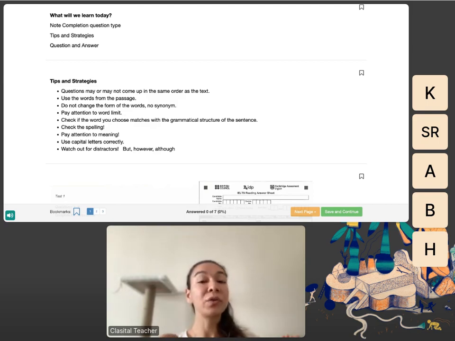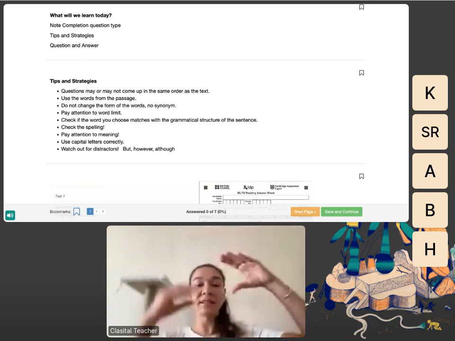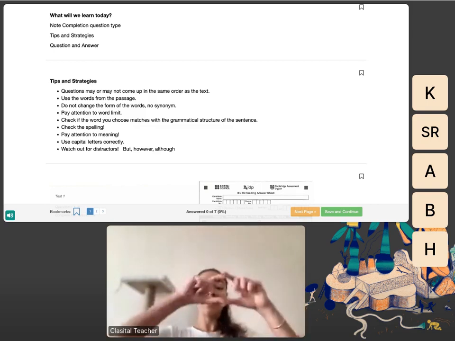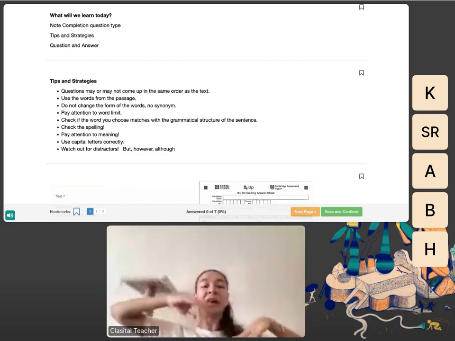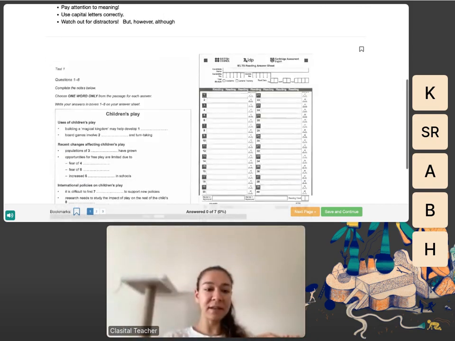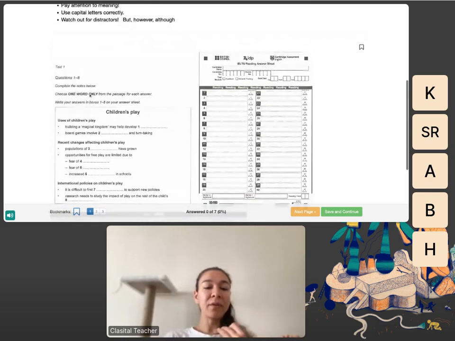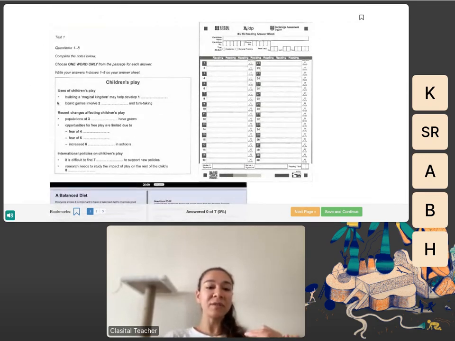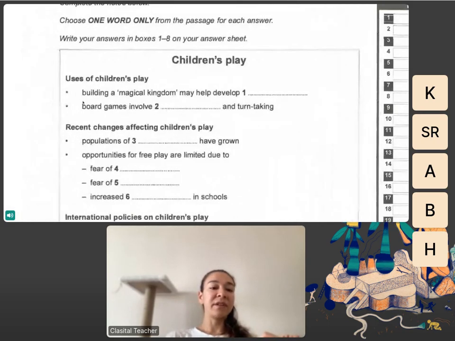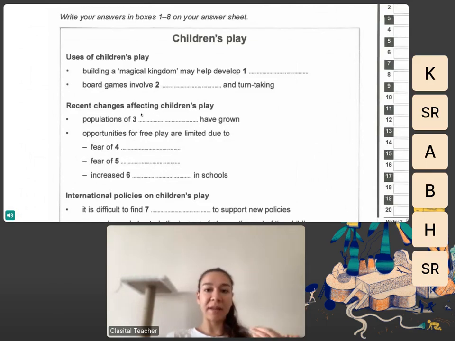And do not change the words. It's a gap filling activity. You will see some notes, and I will be showing you in a minute. Here it says complete the notes below, and it says children's play, uses of children's play, recent changes affecting children's play.